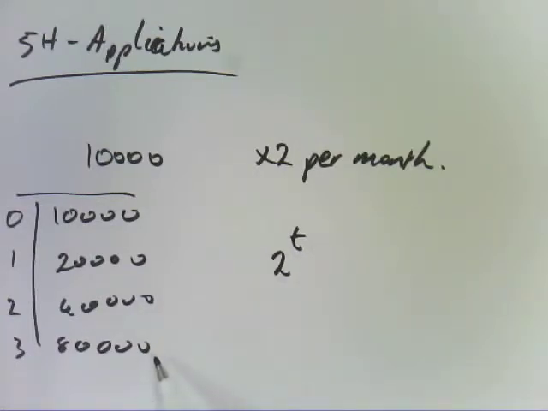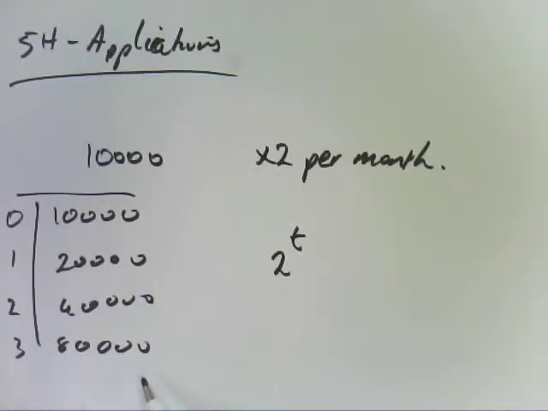Would you agree? All right. So if we do that, 2 to the 4 is, Brandon? 16, isn't it? 2 to the 4 is 16. So if we times this by 16, 160,000. So we're double our 80,000.